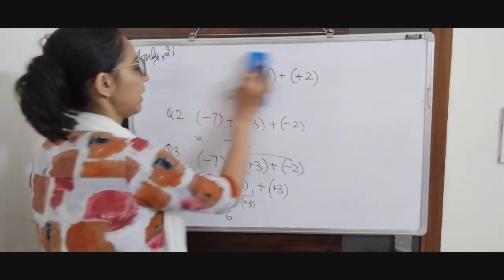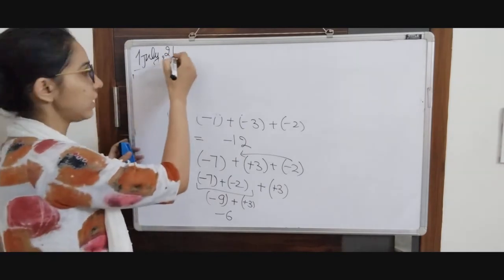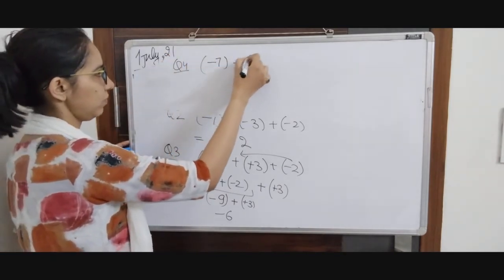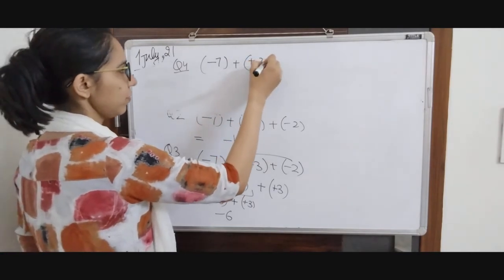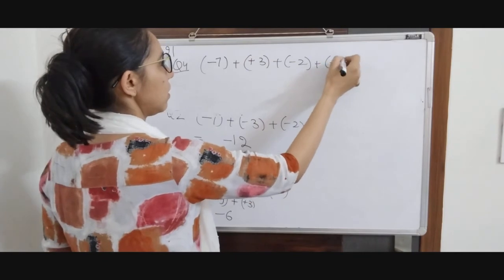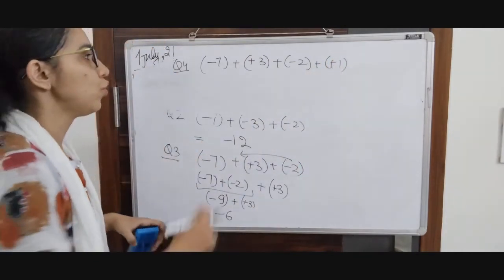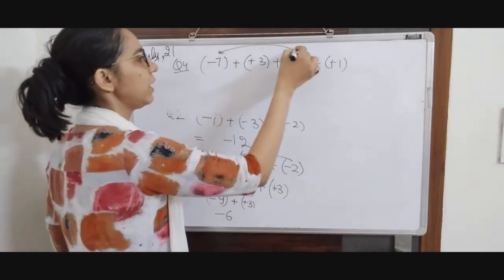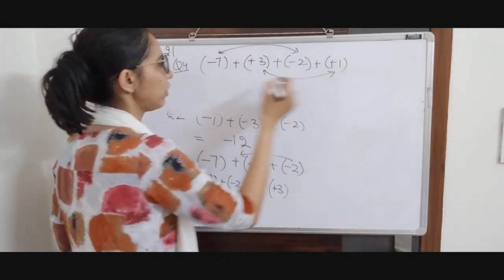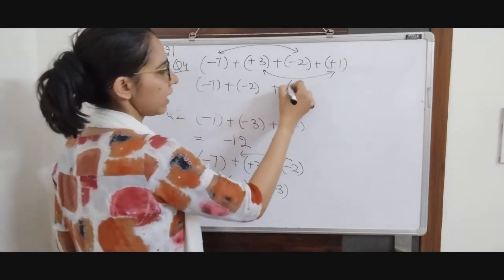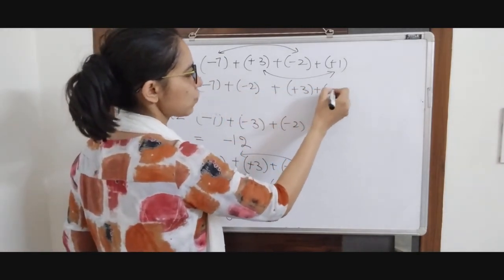Next example, suppose we have 4 numbers now. 2 numbers are negative, 2 numbers are positive. I will club the negative integers and I will club the positive integers. So minus 7 plus minus 2 and then plus 3 and plus 1.